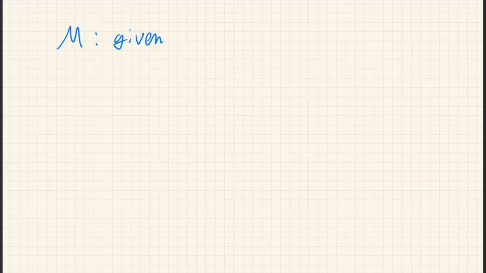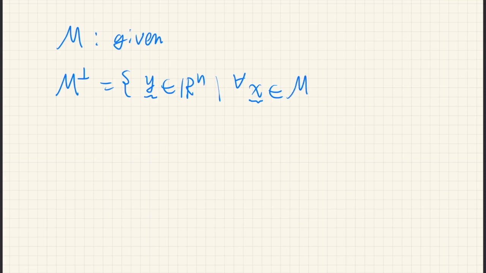Okay, next, suppose a vector subspace M is given. Then we define for this M another subspace called M perpendicular, or M orthogonal, as this. It's the set of n-dimensional vectors y such that for any vector x in M, the inner product between y and x is equal to 0.